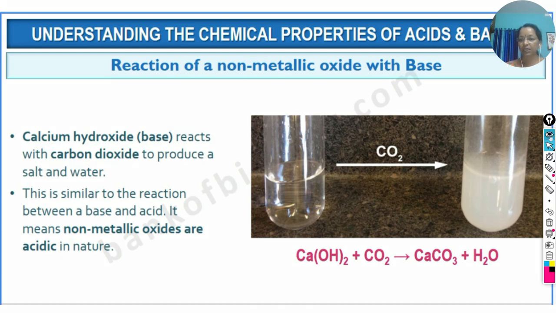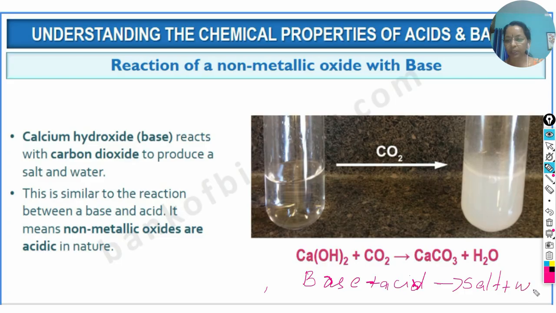So I'll replace here. The general equation was like this: base plus acid gives salt plus water, right? This was the reaction. So instead of base, we have calcium hydroxide. Instead of acid, we have carbon dioxide. Carbon dioxide is a non-metallic oxide, right?